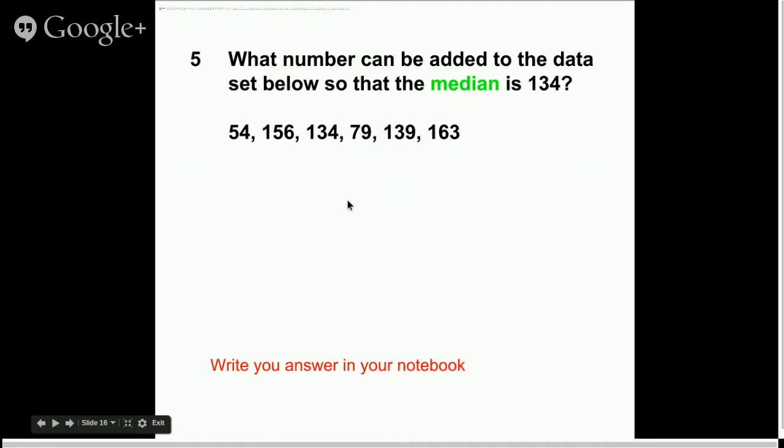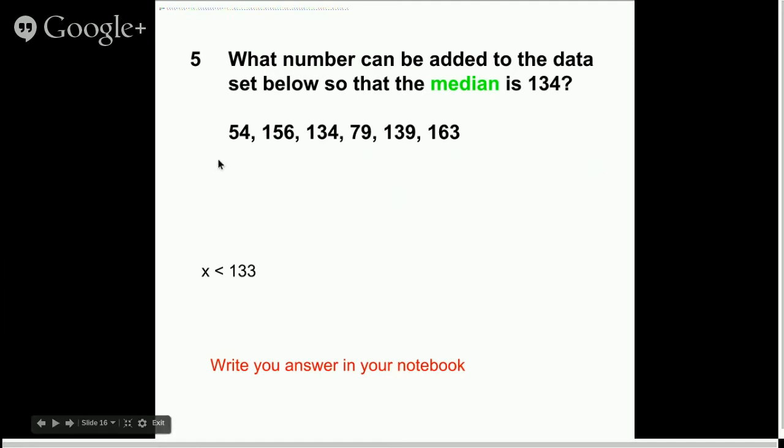What number can be added to the data set below so that the median is 134? Actually, wait, I think there's one more after this. All right, go ahead and pause it. Okay, if you want the median to be 134, you need any number less than 133.